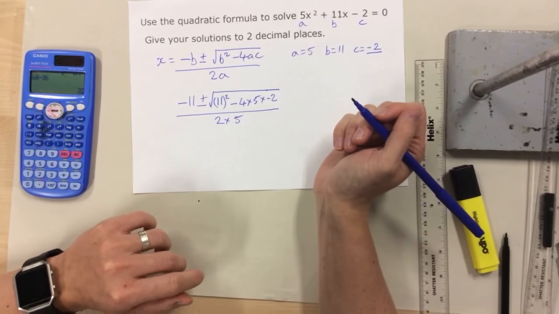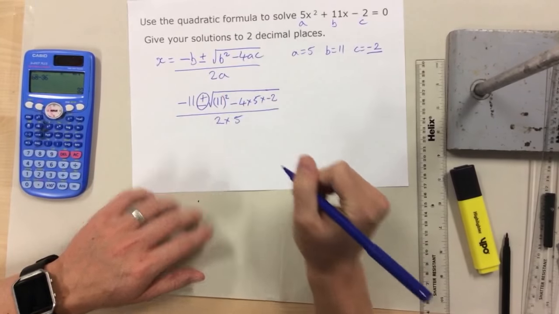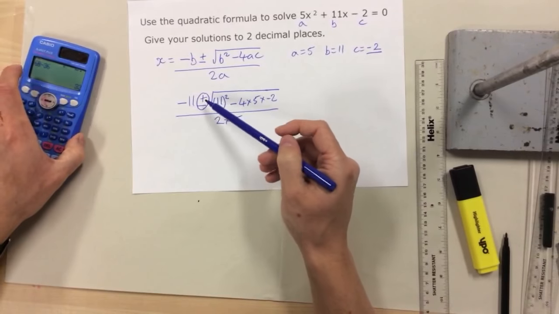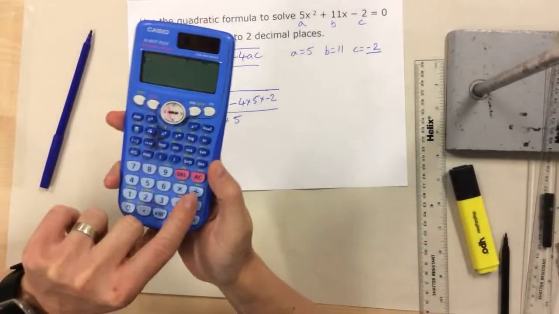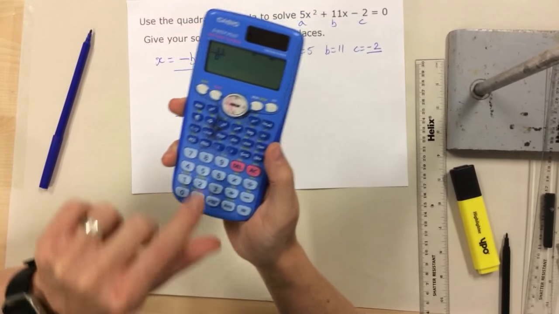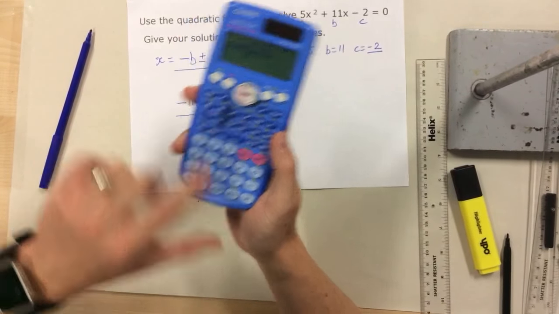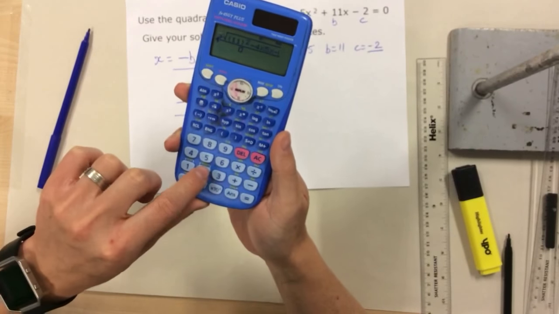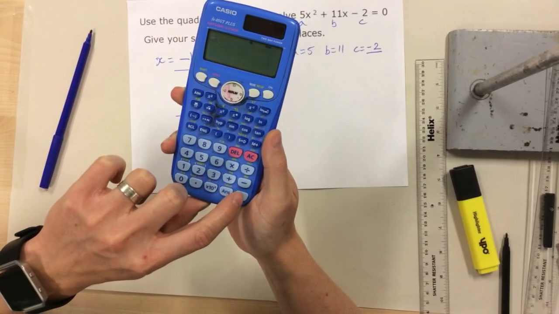Now, remember, there's probably going to be two answers for this because we've got a plus and a minus. Okay, so I'm going to start off with the plus. I'm going to type that into my calculator exactly as it is, apart from instead of plus or minus there, I'm just going to have a plus. Put as a fraction, negative 11 plus the square root of 11 squared minus 4 times 5 times negative 2 all over 2 times 5 equals, and it's given me an answer.